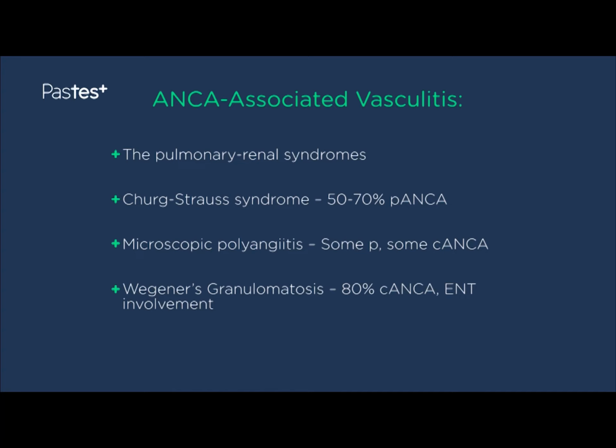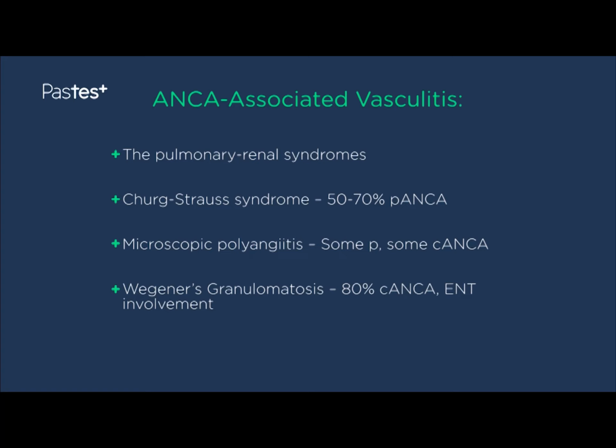But importantly, we now know that this immunofluorescence pattern corresponds to particular antibodies against certain antigens. In P-ANCA, it's an antibody to myeloperoxidase, or MPO. In C-ANCA, it's an antibody to proteinase 3, or PR3.